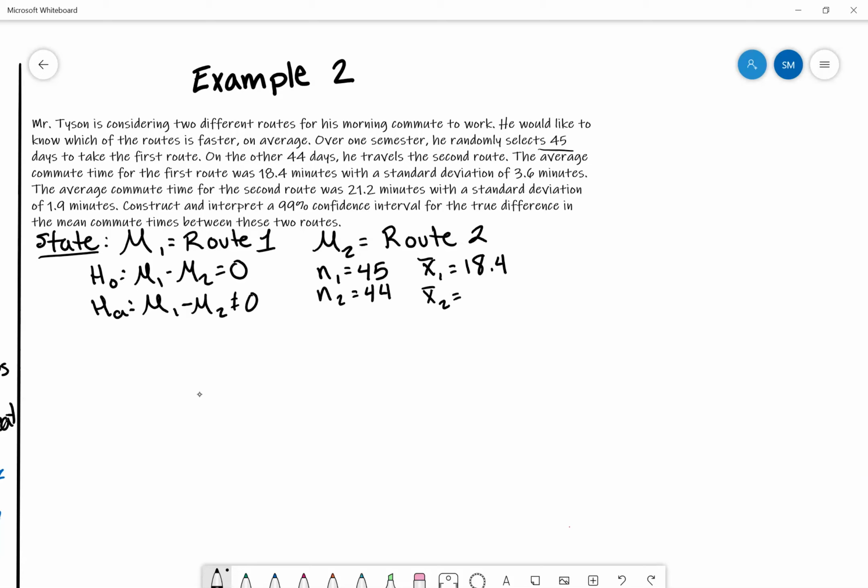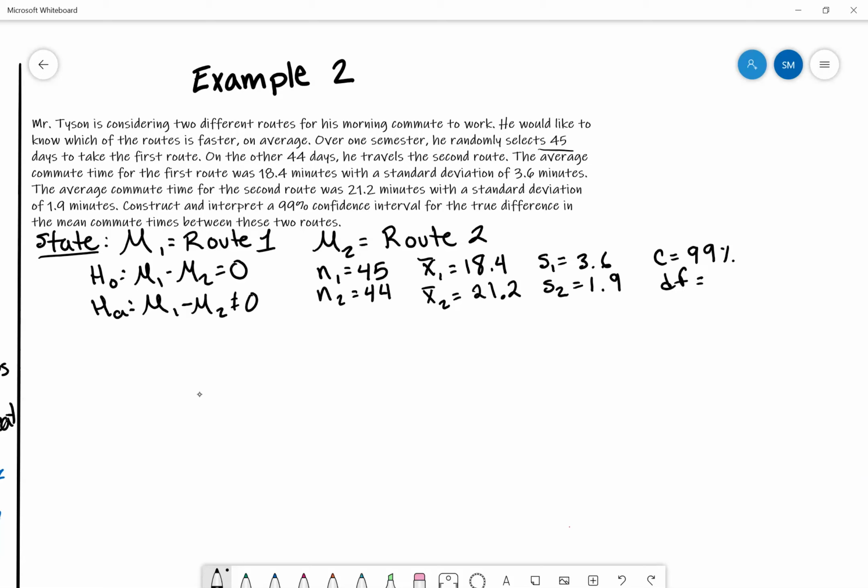X bar sub 2 is 21.2. The standard deviation for the first one is 3.6 and the standard deviation for the second one is 1.9. We also have our confidence level is 99%.